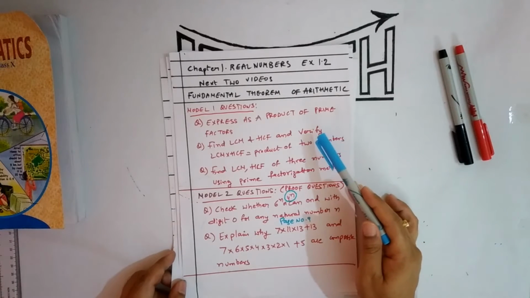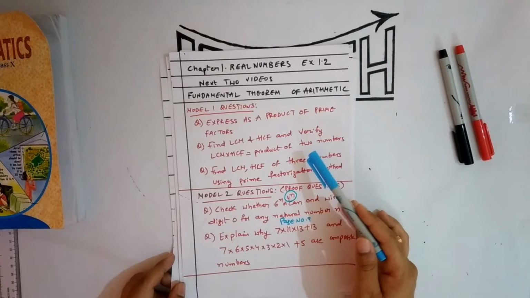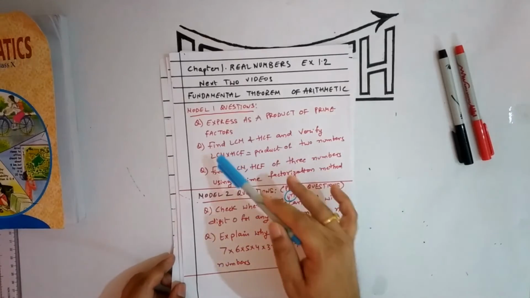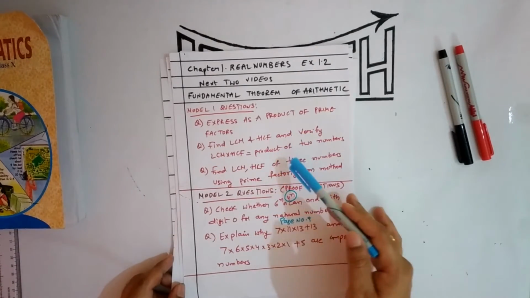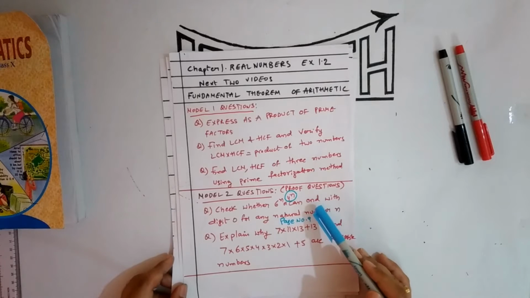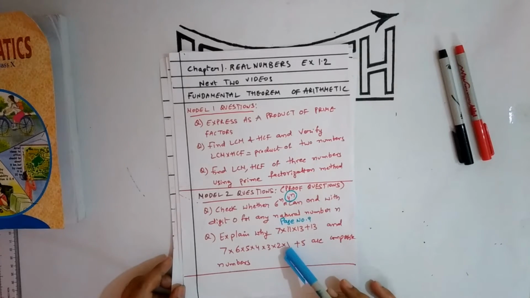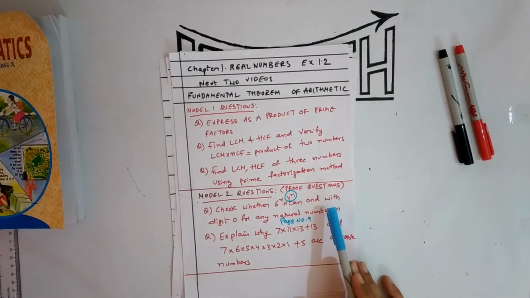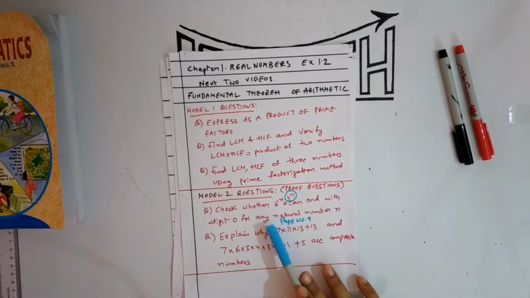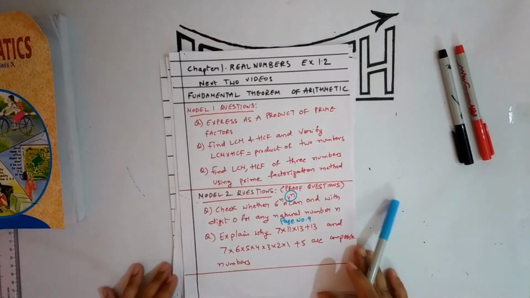In the description below, there will be a link to the video made on these types of questions. You can check that out. In this video, we will be discussing these two types of proof questions. Let's see what these questions talk about.